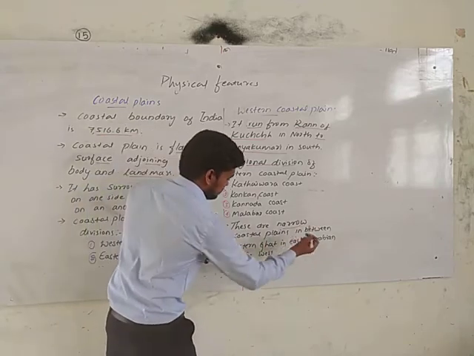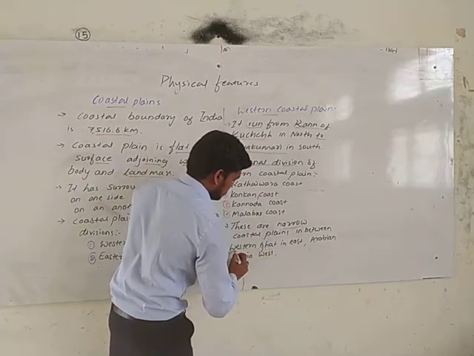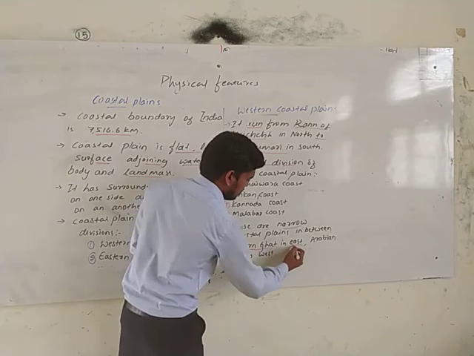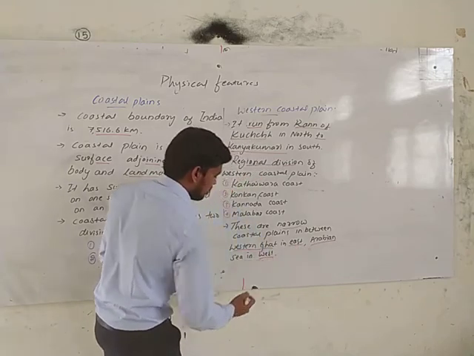So in the east direction it is bounded by the Western Ghats, and in the west we have the Arabian Sea.